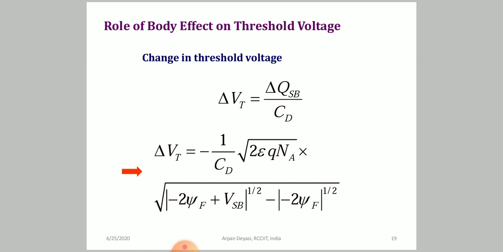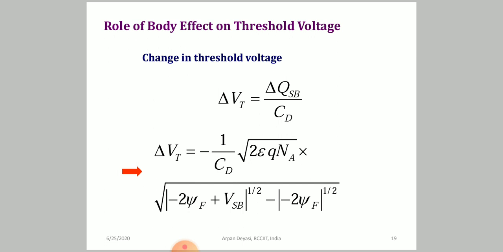These are extremely important once we go for the analysis of the MOSFET device, the IV characteristics and everything. I will go step by step, and I will call it the body effect coefficient, and what its role is, how it can affect the VT or the change of delta VT.